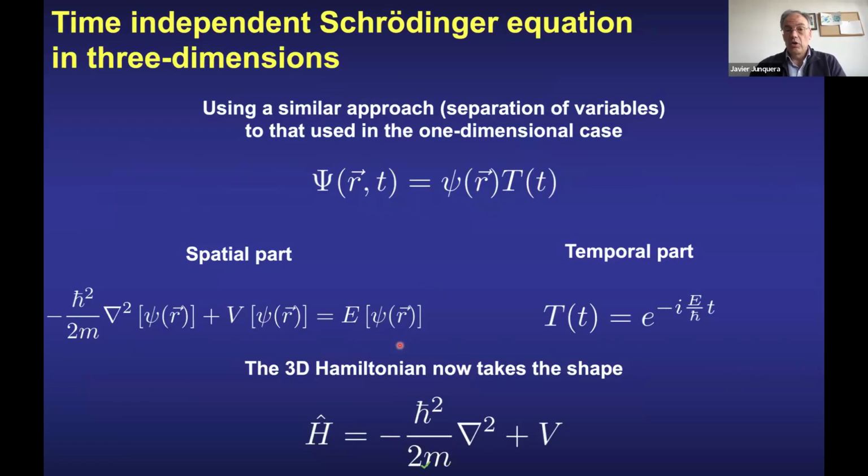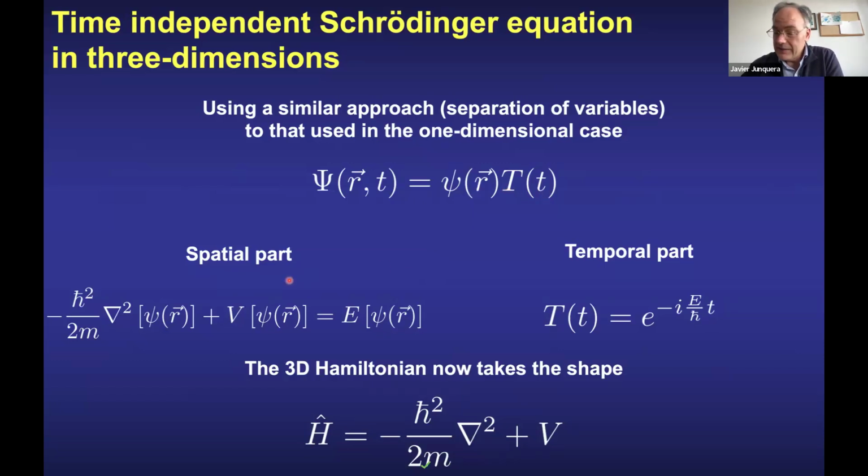And as before, we can assume that in some cases we can make this separation of variables. We can consider that the solutions of our time-independent Schrödinger equation can be written as the product of a function that depends only on positions and another function that depends only on time.